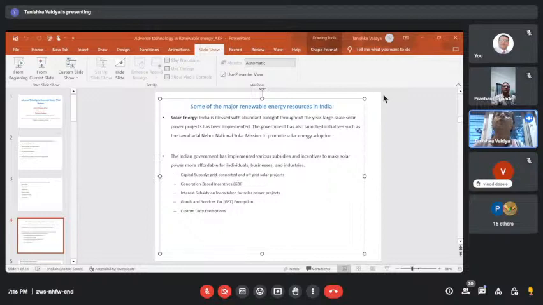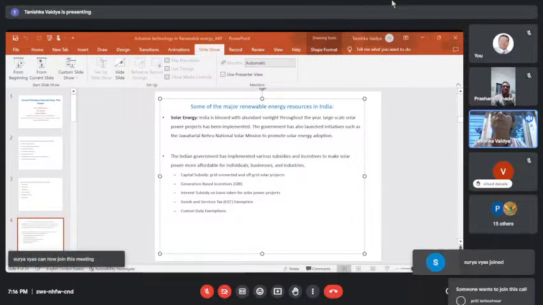But large scale power plant projects were rarely available in the past, but nowadays due to the initiative of the government, large scale solar power plants have also been implemented. And also in our homes, we normally use solar geysers for heating water. That is the very preliminary resource.